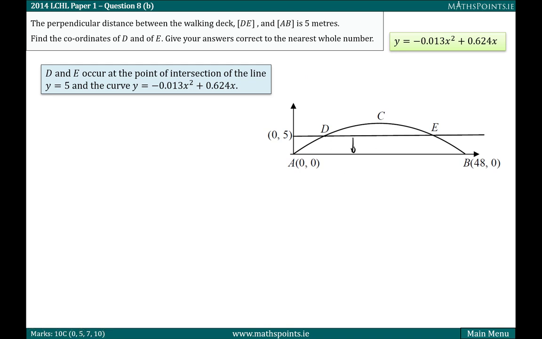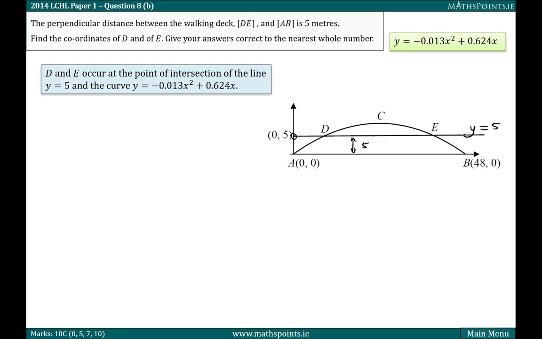Okay, so this measurement here is 5 meters. That means that this line that goes through DE is called y equals 5. That's the equation of that line. Horizontal lines are called y equals k, where k is the y coordinate that they pass through.